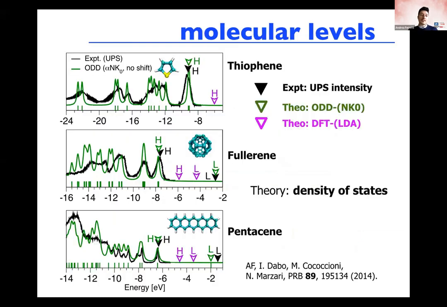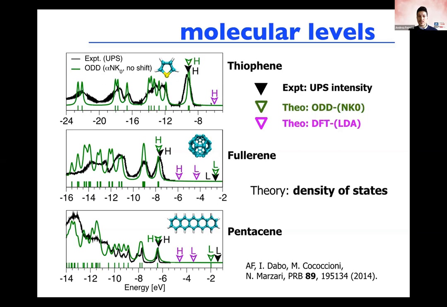And not just frontier orbitals, so HOMO and LUMO, or if you want ionization potential and electron affinities, but also deeper levels. Deeper levels in molecules and solids are accessed experimentally by means of photoemission spectroscopy. So here in black, we have the photoemission signal that we compare with the density of states. So we are not including any matrix element, just the position of the peaks. But you see that the Koopmans corrected does a quite good job.